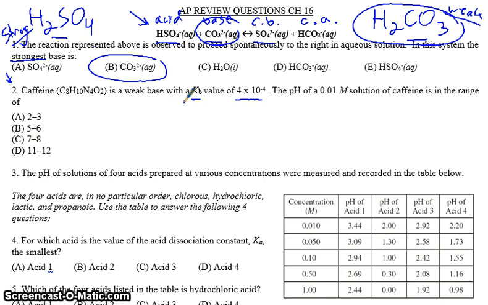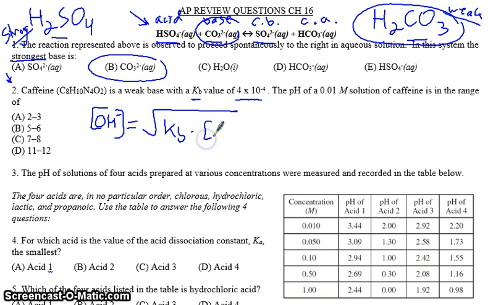Now, the way we calculated the pHs of weak acids and weak bases is by using the icebox or the shortcut to the icebox, which, remember, told us that if in this case it's a base, the concentration of OH- is the square root of the Kb times the concentration of the base.